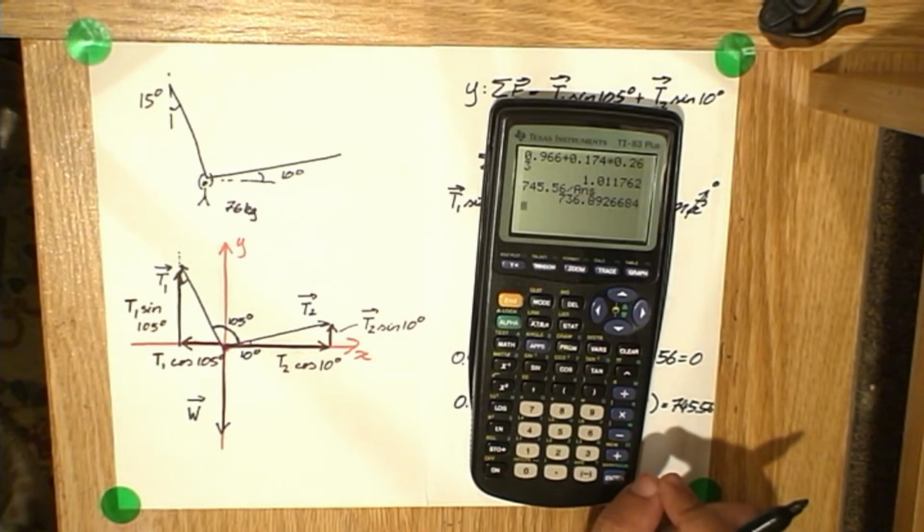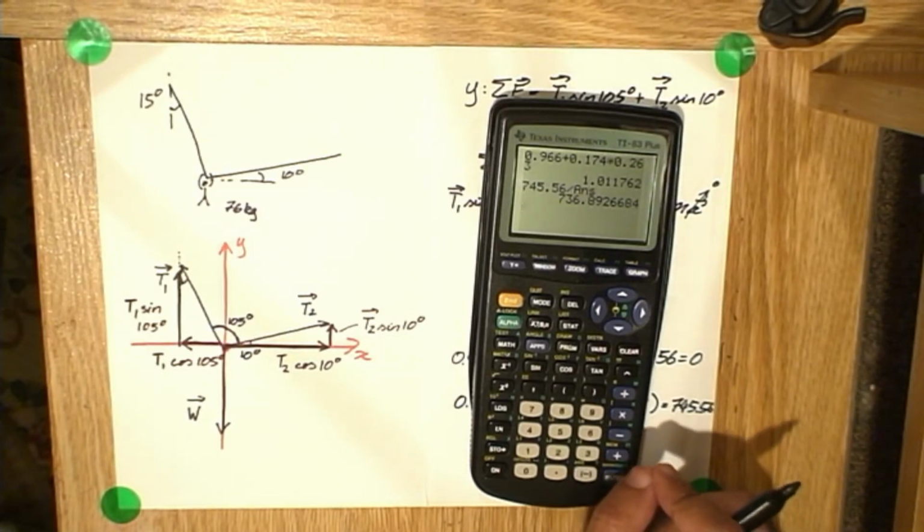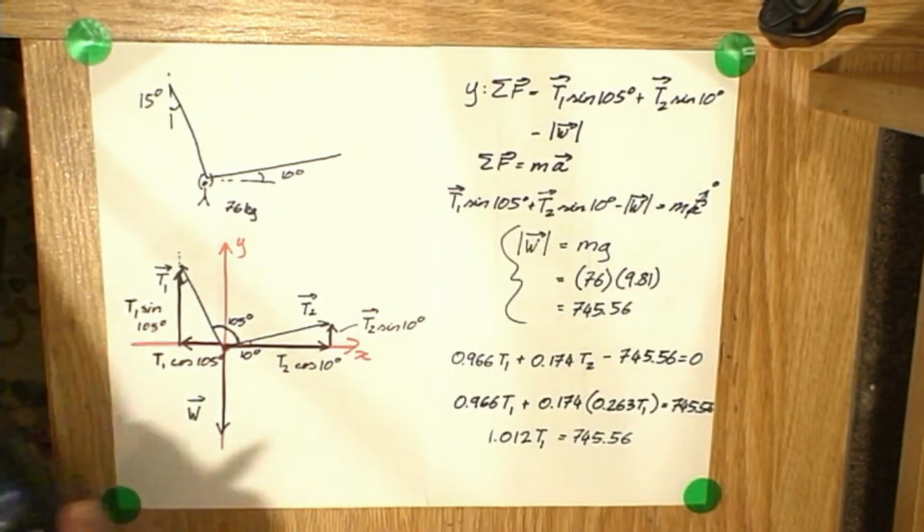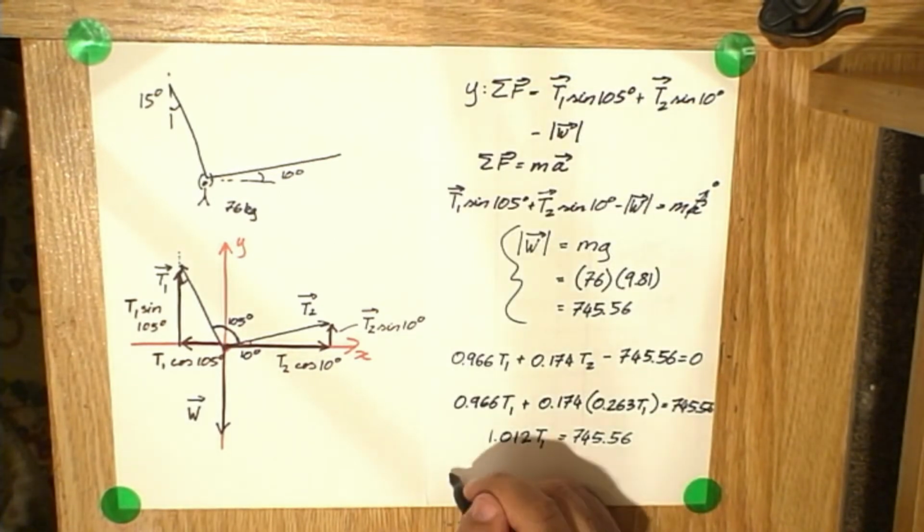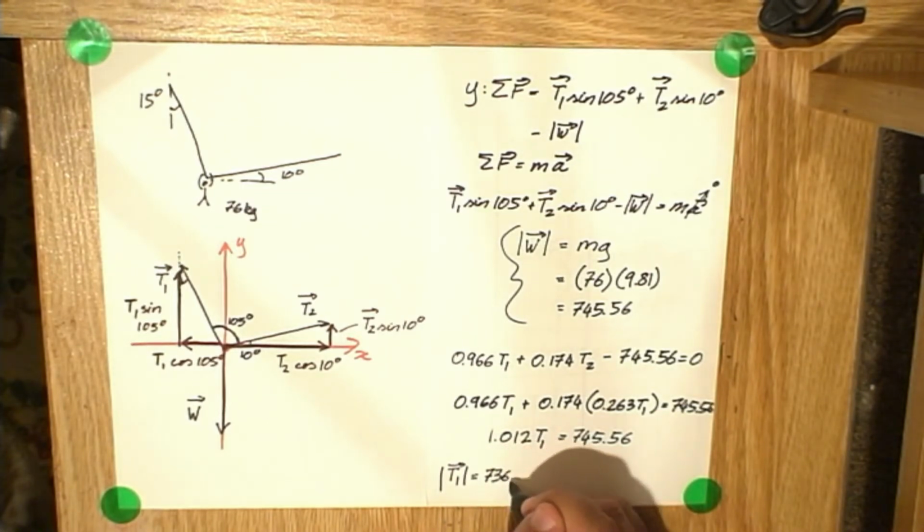So dividing both sides by 1.012, we get 736.89. So T1 equals 736.89.